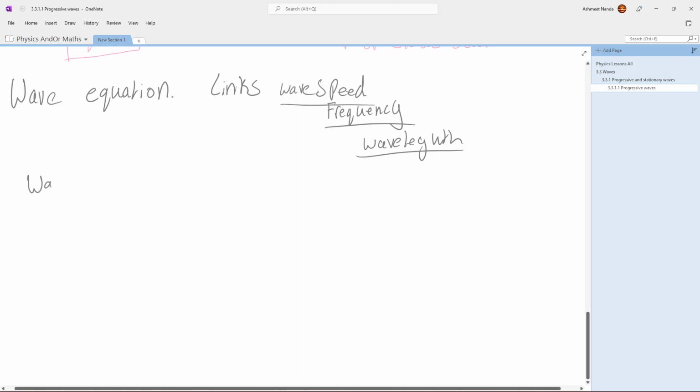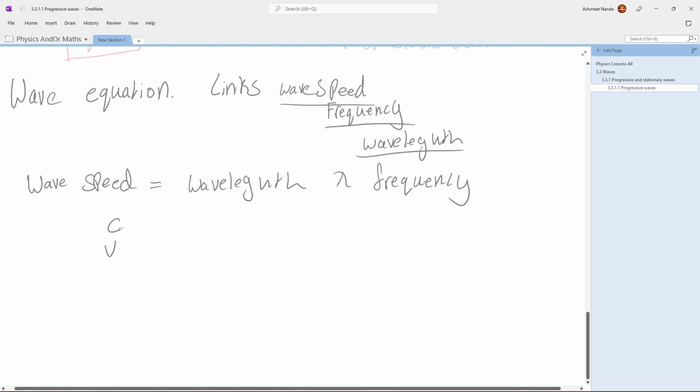Now, what is the wave equation? Well, wave speed is equal to wavelength times frequency. In normal terms, wave speed is represented by a c or a v. It can be either.